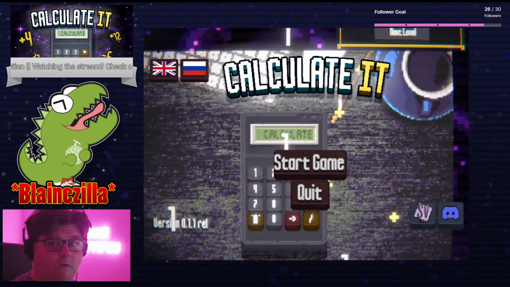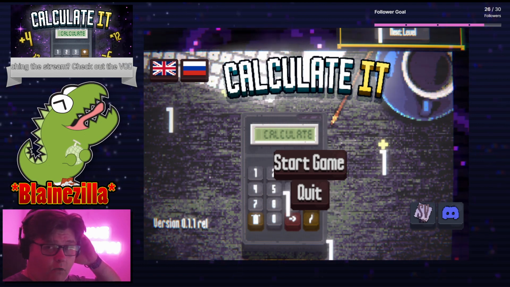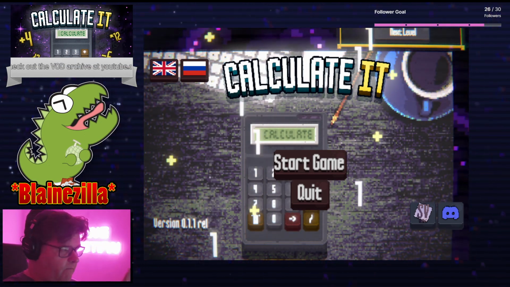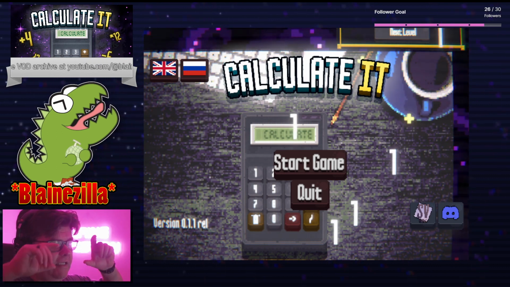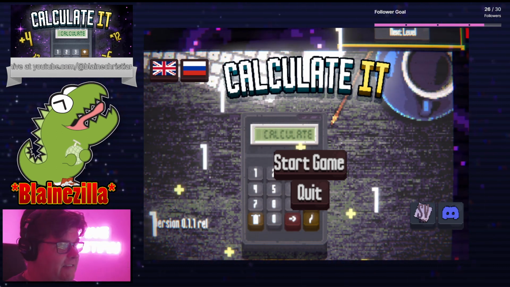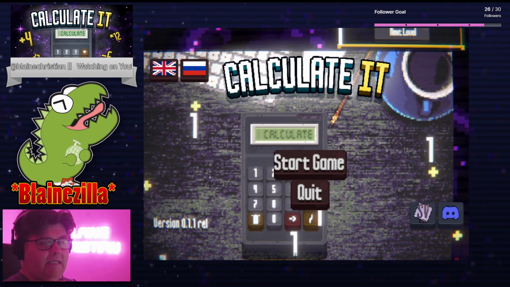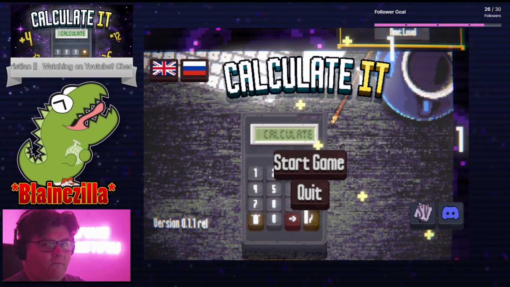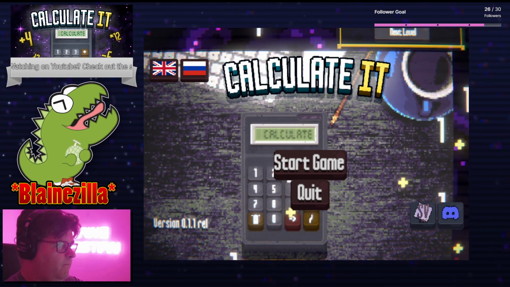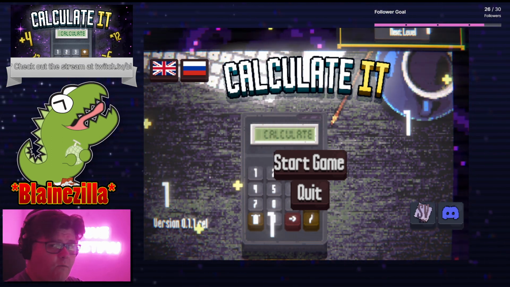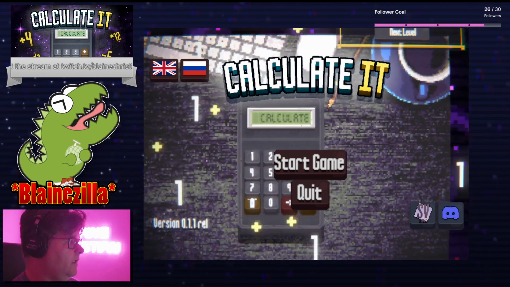So it wants to run at like 3440 by 1440. And when you do, you can't picture that little calculator in the middle. You're seeing the middle row of buttons, that's it. You can't even read the title. And I said, hey, can we get this not to run in full screen? And they said they'd fix it, and asked what my monitor resolution is. And I'm like, well, I still want to try it. I still want to play it.